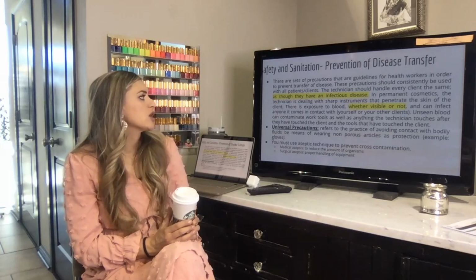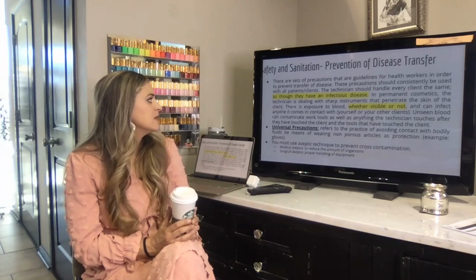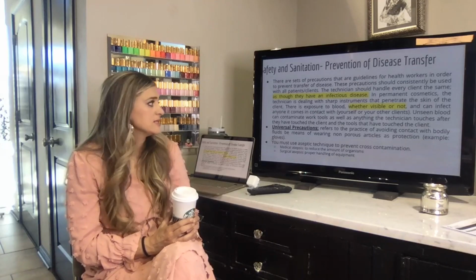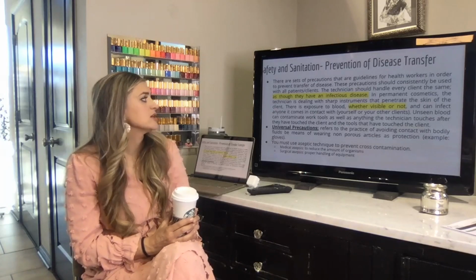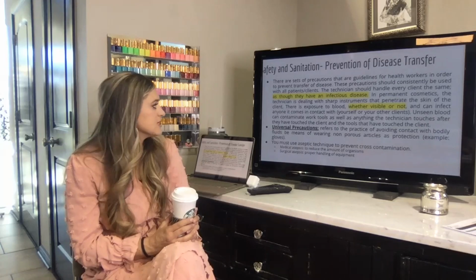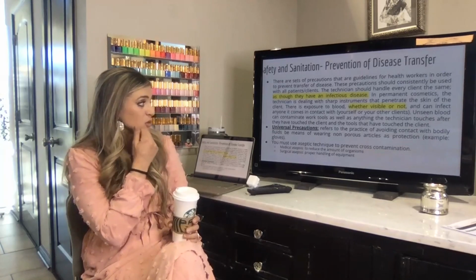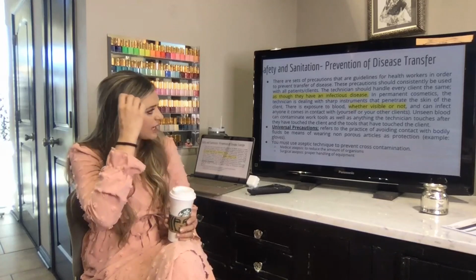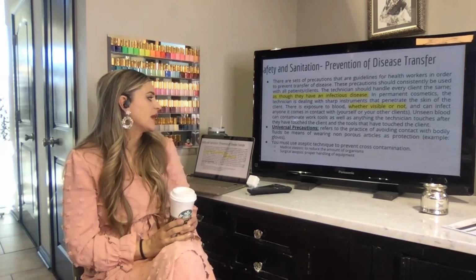We are dealing with sharp instruments that penetrate the skin. There is always exposure to blood, whether visible or not, and it can infect anyone it comes in contact with, yourself or your future clients. Unseen blood can contaminate your work tools as well as anything the technician touches after they have touched the client and tools that have touched the client.